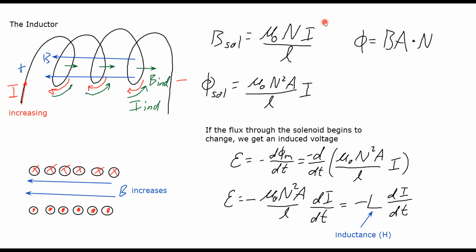Okay, so something really interesting happens. Not just because of this, but let's look at it from the perspective of energy. Okay, so let me go over here and draw my solenoid again. Okay, so we're going to have our inductor here.